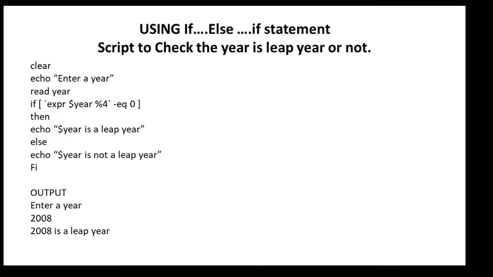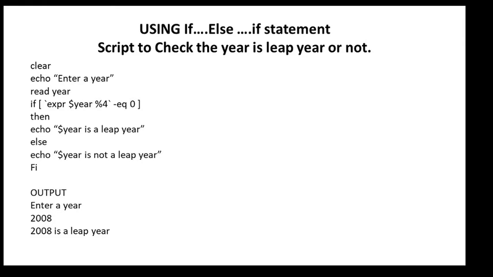If this condition is true, this echo statement will execute. If this condition is false, suppose for example the year is not divisible by 4, then the else part will execute, that is else echo "year is not a leap year".